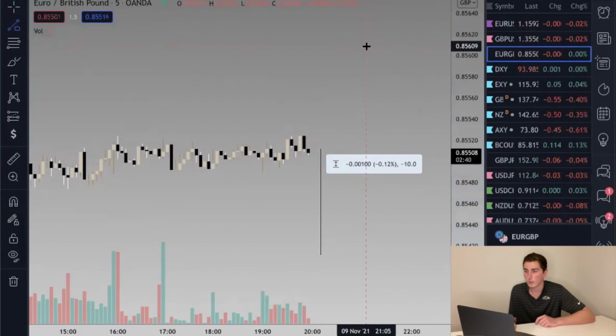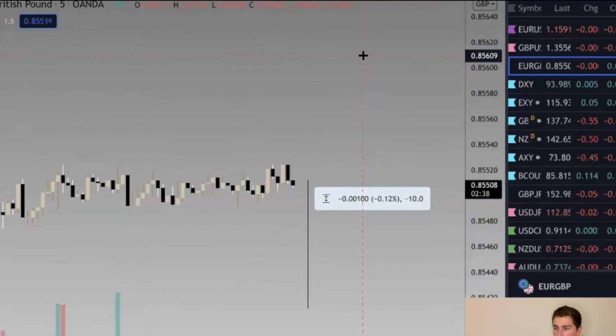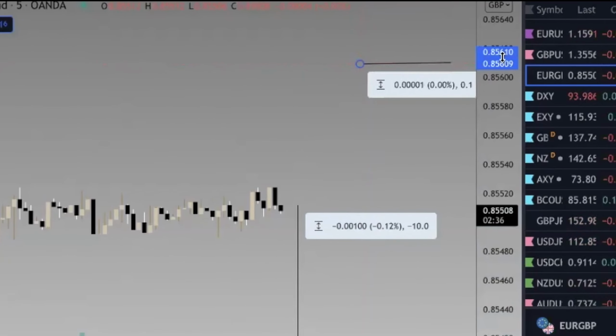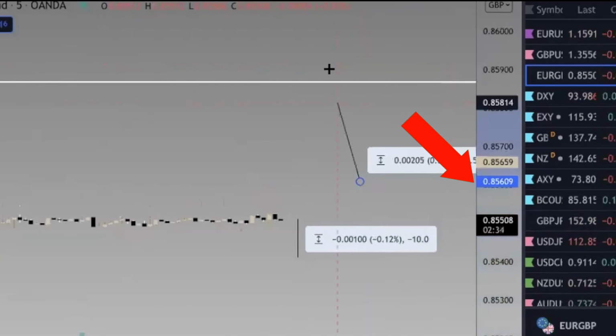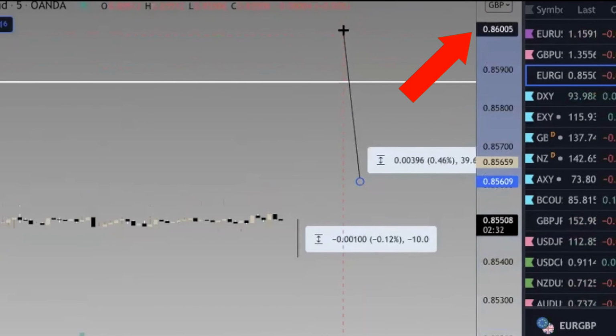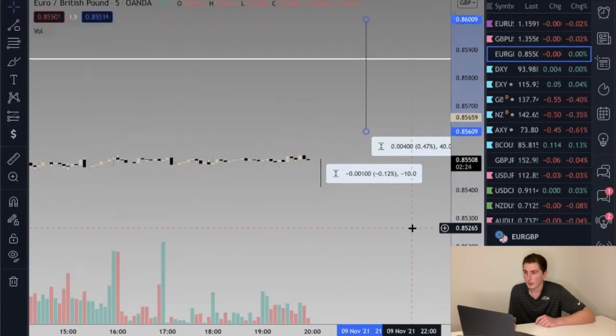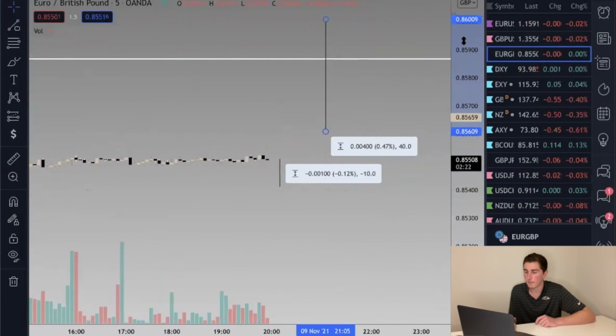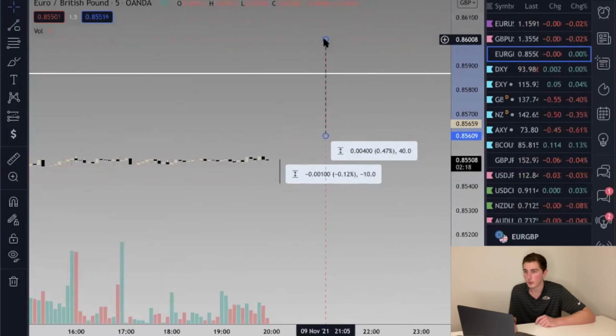Say we want to figure out the difference between 0.85609 and 0.8601. And we see that is a 40 pip movement. And I said 0.8601 on the dot, so you guys can see that visually. It's a 40.1 movement.